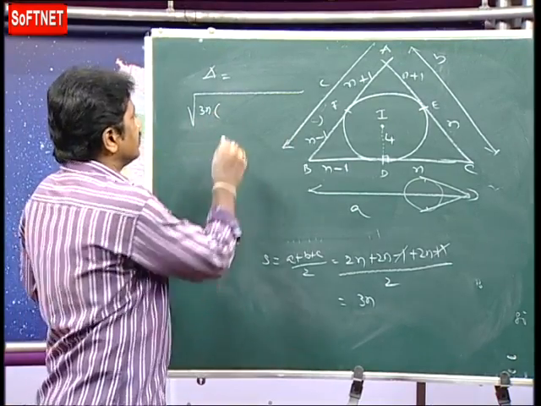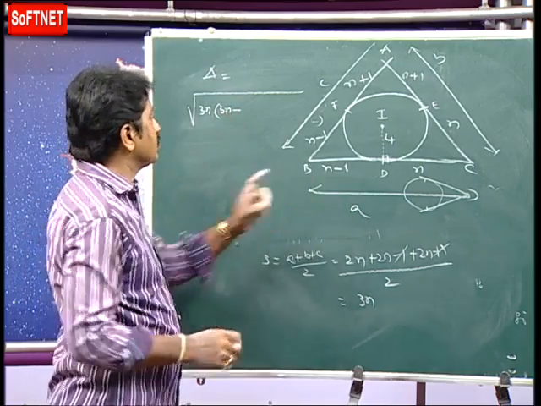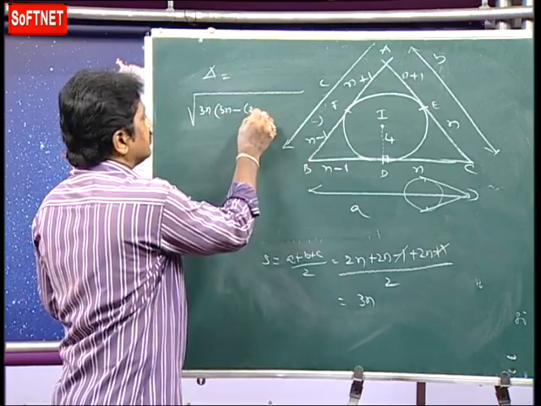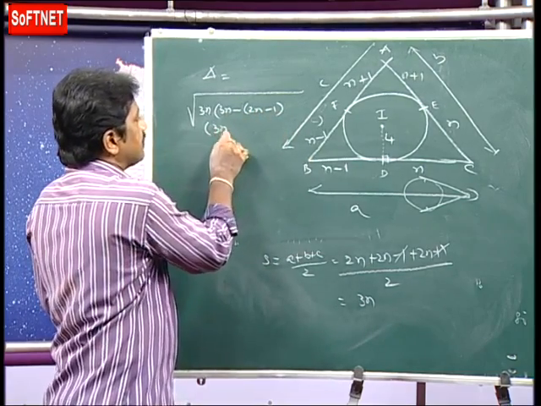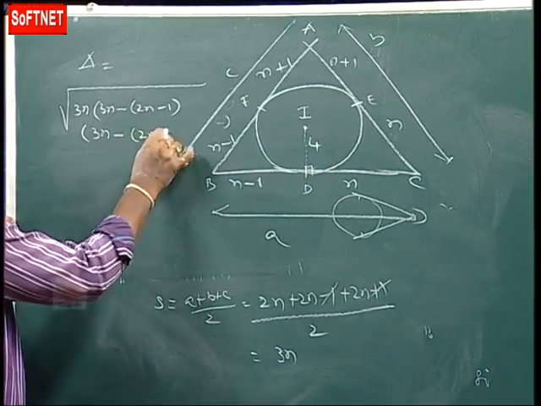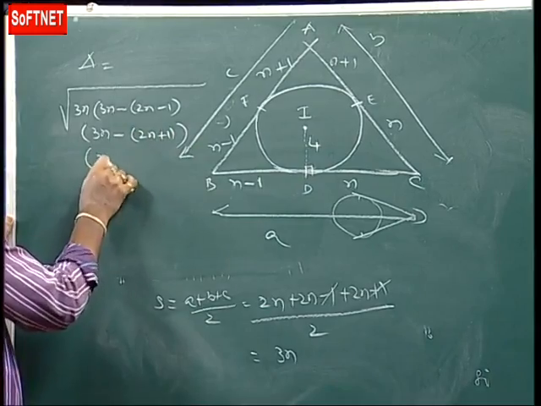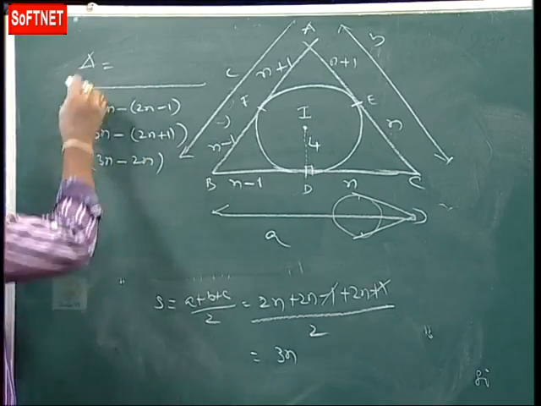Next, 3n minus a, 2n minus 1. Next, 3n minus b, 2n plus 1, and then 3n minus 2n. Correct? This is delta.